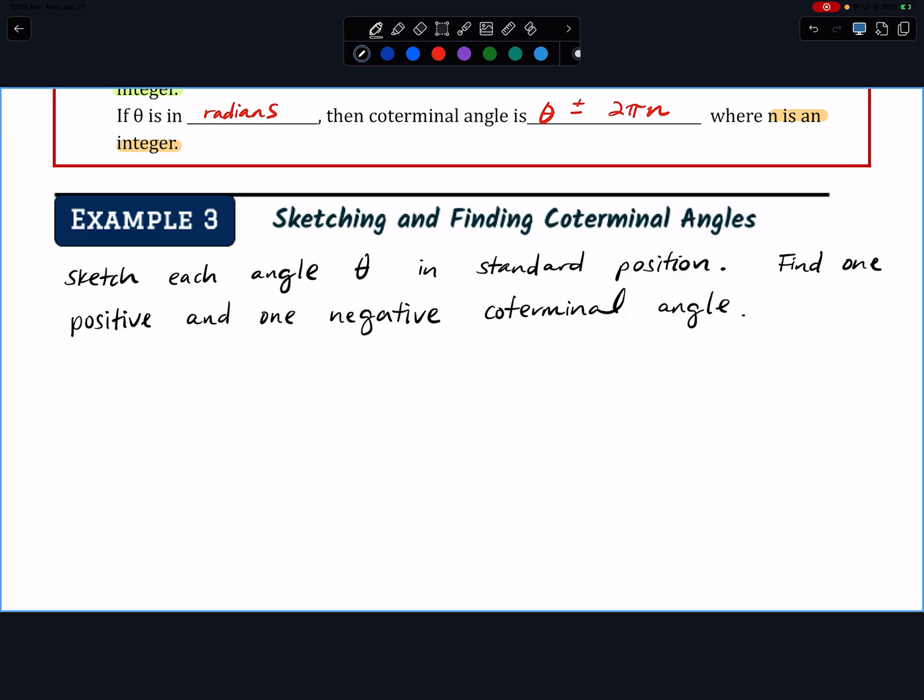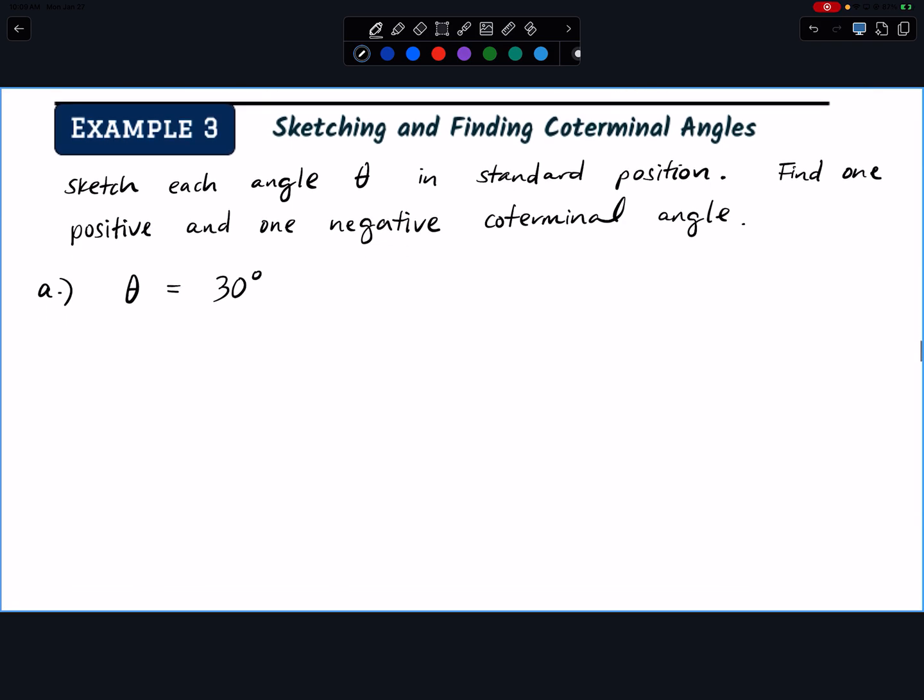Okay. So for part A, I'll give you that theta is equal to 30 degrees. The first thing you're going to do is draw this angle on a coordinate plane.